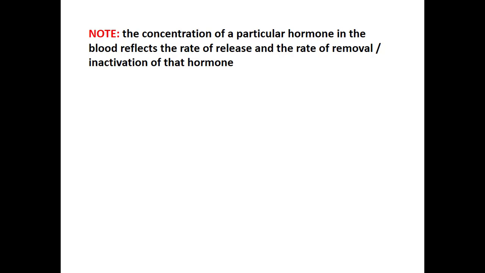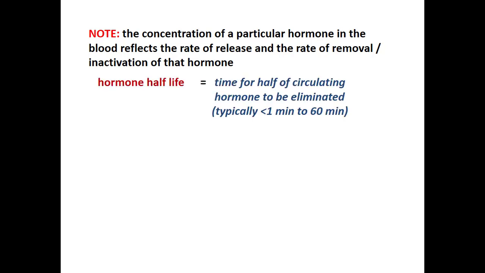So the concentration of hormones can be measured in the blood, and I'm sure some of you have probably had hormone levels measured. The concentration that you measure of any particular hormone at any particular moment in time will reflect how much of the hormone is being released, but also how quickly the hormone is being removed or inactivated.